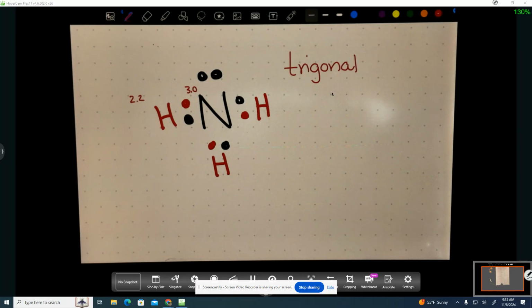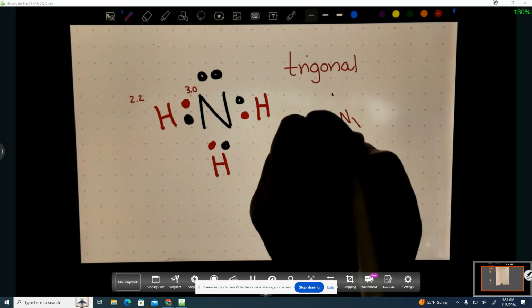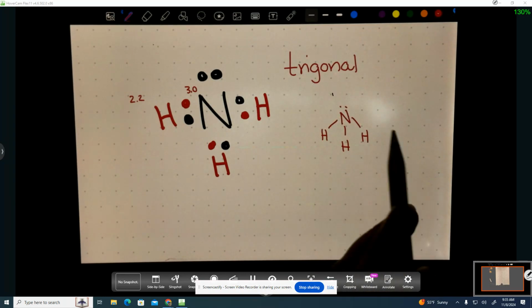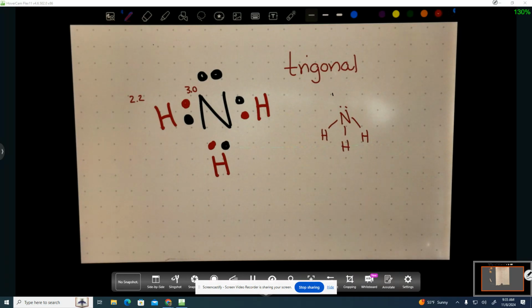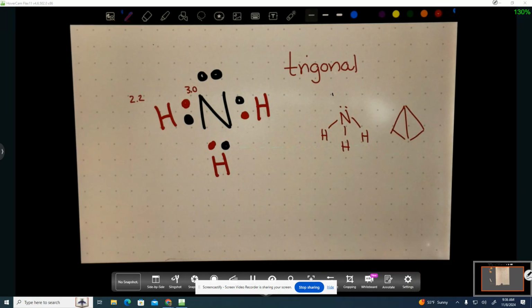Do you see how that center blue one is a little bit higher than the yellows? So it kind of looks like this. You see that? Where all of them are pointing down? That's called trigonal pyramid. It looks like a little pyramid. If I were to draw a pyramid, it would look like that. Okay?